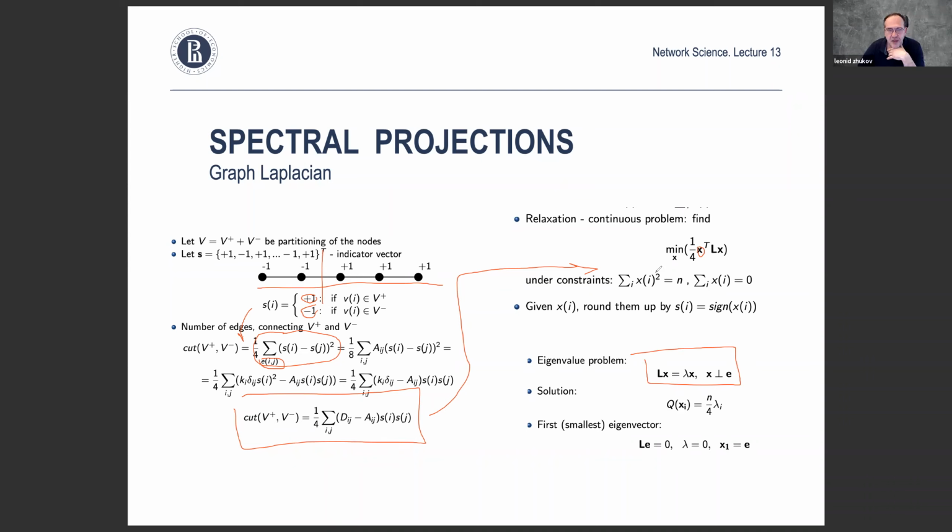Now, what's interesting is that if you look at this and think for a second about what we have done, we have replaced those labels, the s's that are zeros and ones, with x that belongs to R, which is a real value.